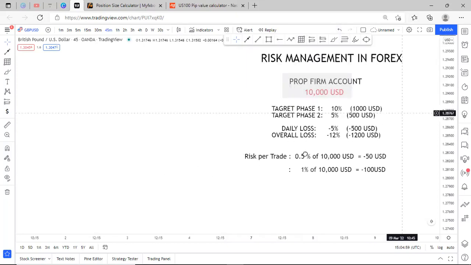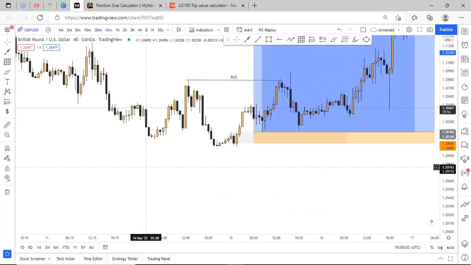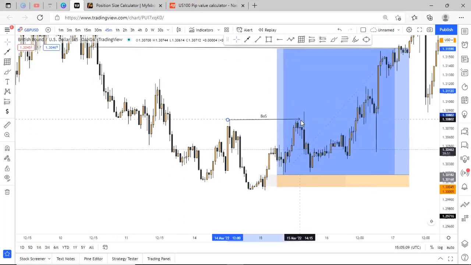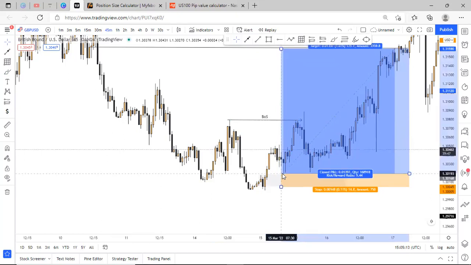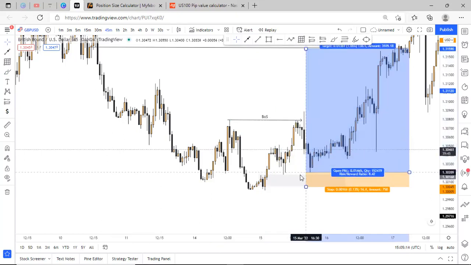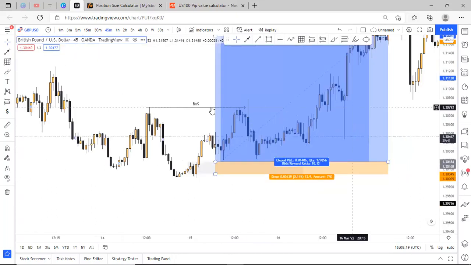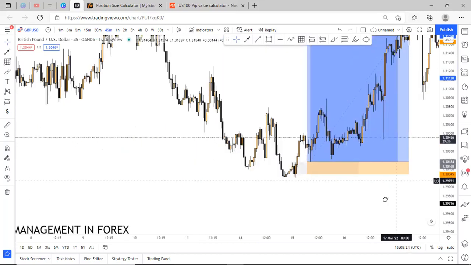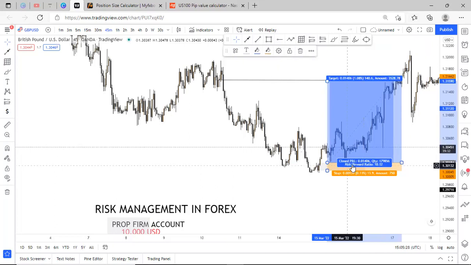Okay, so what did I mean by that? Let's quickly move to this side of the trade. This is GBP USD. We have a break of structure right here. Let's just pick this, just for example, we got into a buy trade right here, and as you can see, risk to reward ratio 10.12.